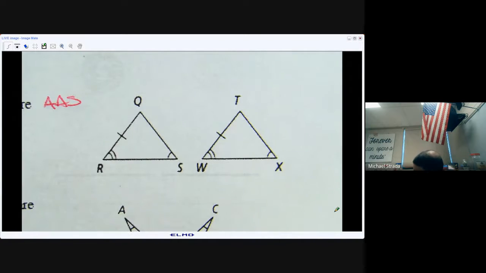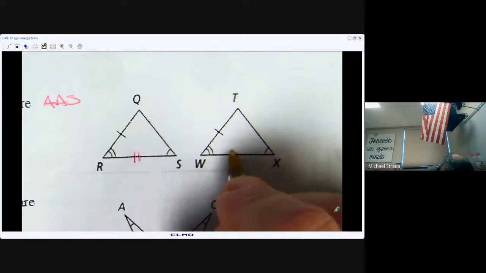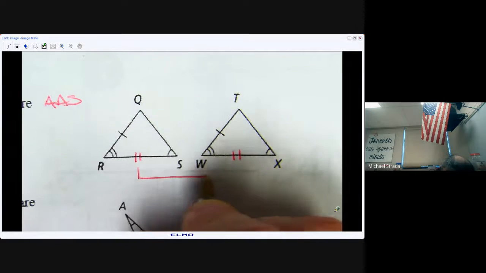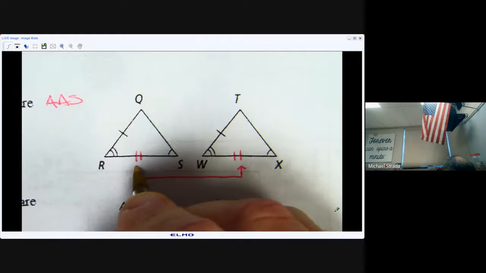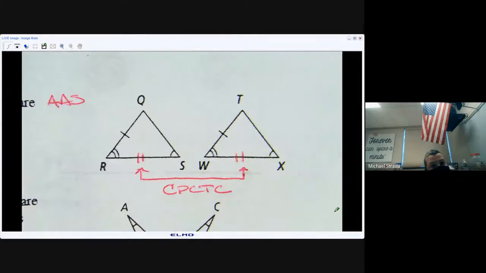Because they're congruent, now we can say everything else in the triangle is also going to be what? Congruent. So for example, we can say RS is congruent to WX by CPCTC. All right?